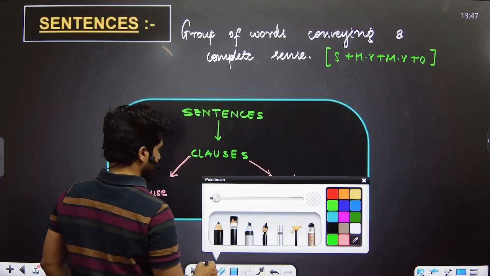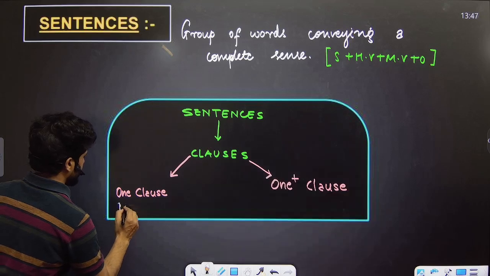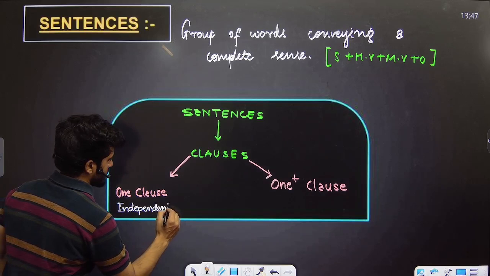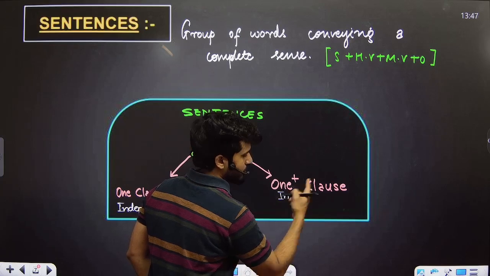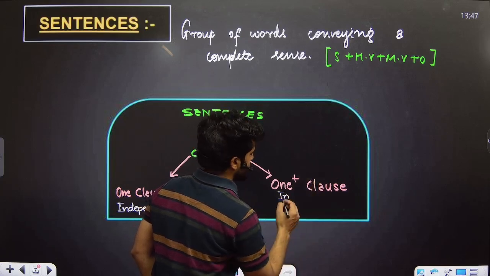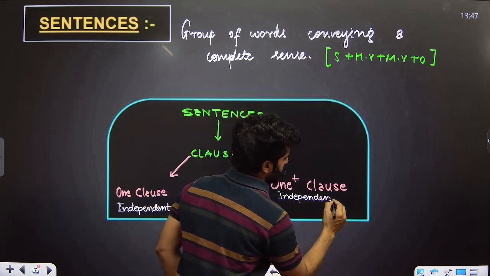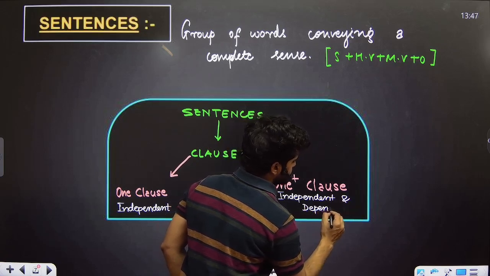Here you have complete sense, therefore it will be an independent clause, and here you will require both, because more than one clause is there, independent and dependent, to convey the meaning.